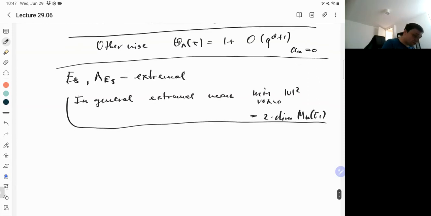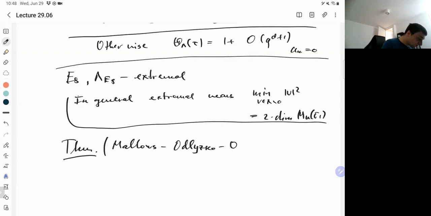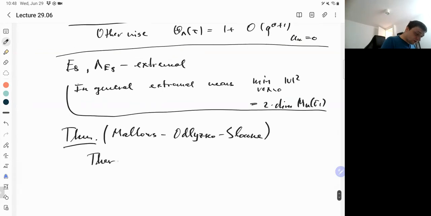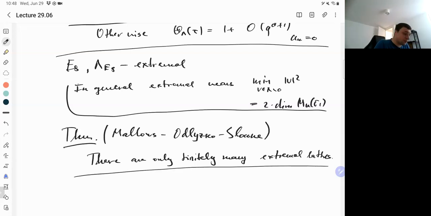But in general, there's a problem with this property, which is that there's a theorem by Nebe, Odlyzko and so on, that there are only finitely many extremal lattices, and they give an effective upper bound for the largest dimension, and it's quite large.